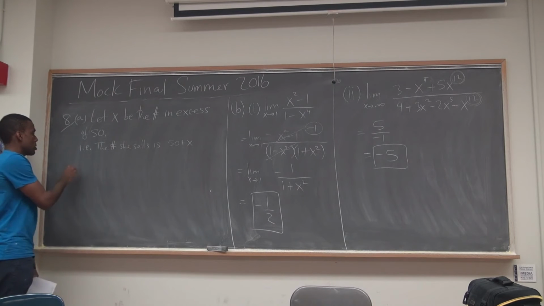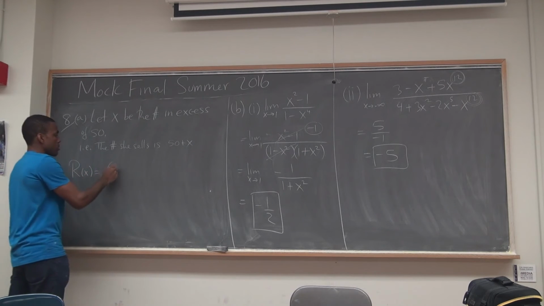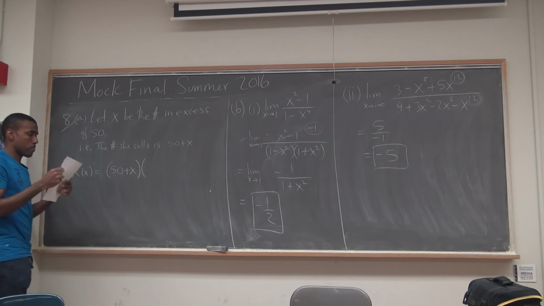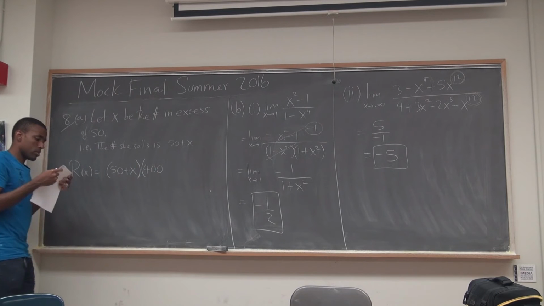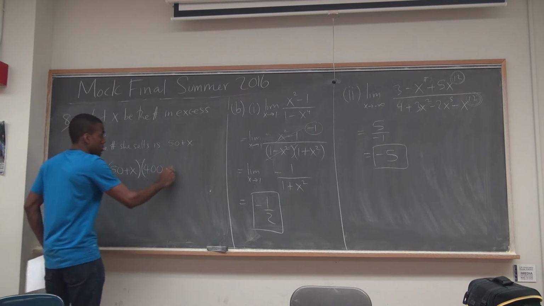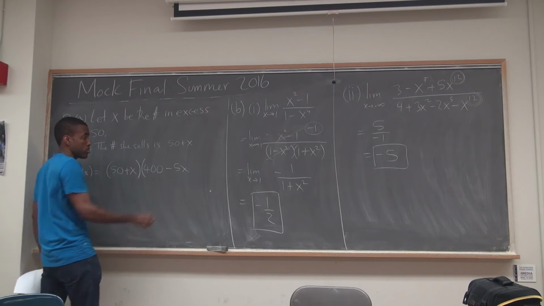So if we look at her revenue, she is selling 50 plus X items, and at what price? 400 each, except she's lowering the price by $5 for each in excess of 50. So what does that do? Minus 5X, right? For each of the X things above 50, she subtracts $5 from that cost.